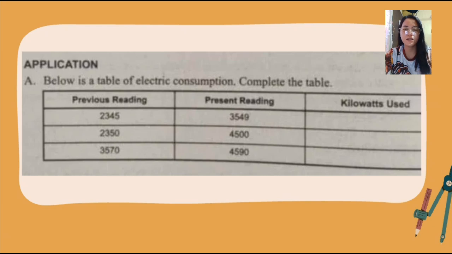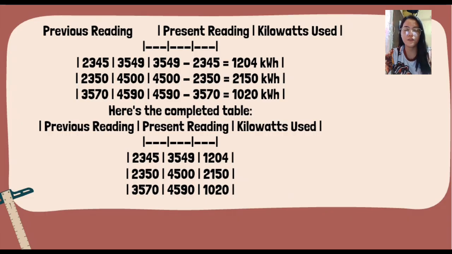As you can see, you just subtract the previous from the present reading. So here's the complete table: previous reading, present reading, kilowatts. For each period shown, you can see the number of kilowatt-hours of electricity that we used. If you know the cost per kilowatt-hour, you can calculate the electric bill for each period.